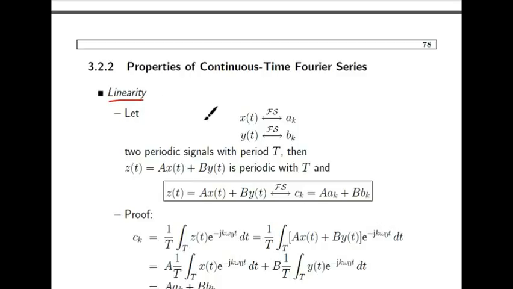Let us say that we have a signal x(t) whose Fourier series coefficients are a_k, and for y(t) it is b_k.